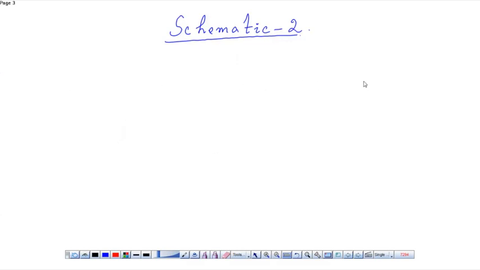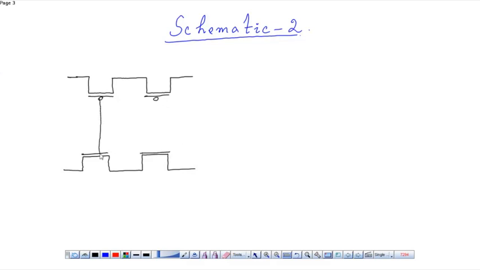PMOS in one side, NMOS in one side. So there is our two PMOS of the NOR. Similarly, just beneath it, we'll have two NMOS twisted, where these two are connected, these two are connected.